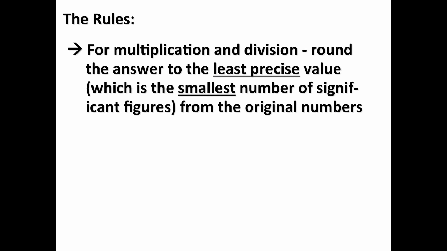There are some simple rules, and it's worth noting that in general, the rule is always you round your answer to the precision of your least precise measurement or quantity that you used in the calculation. But how we determine what's least precise depends upon if you're multiplying or dividing. So for multiplication and division, we round to the least precise value, which is what we always do, but in this case it's going to be the smallest number of significant figures in your original numbers.